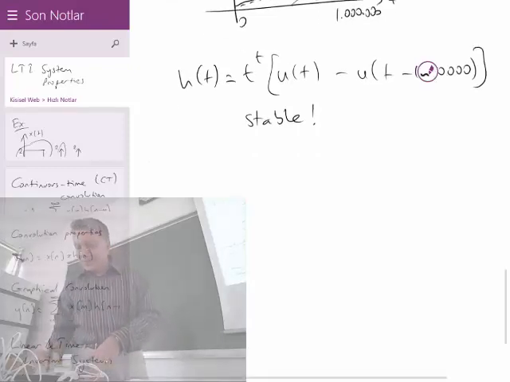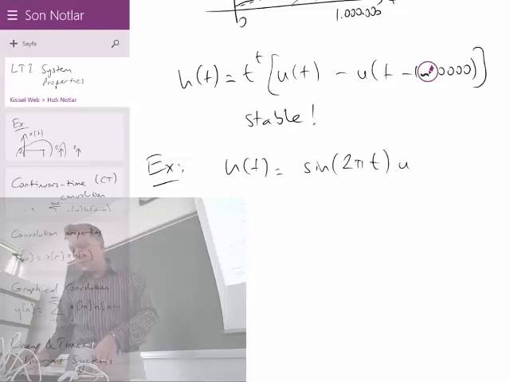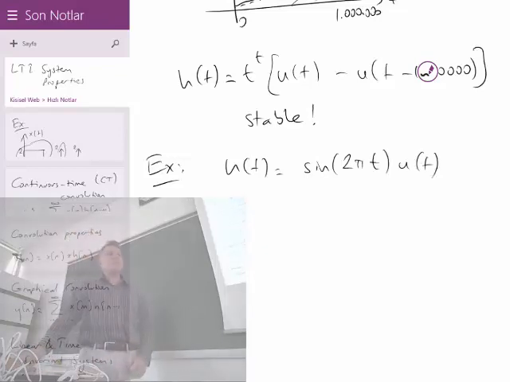How about this one? Example, h of t is equal to sine 2 pi t u of t. Do you agree with your friend? Is it unstable or stable? It is definitely unstable.